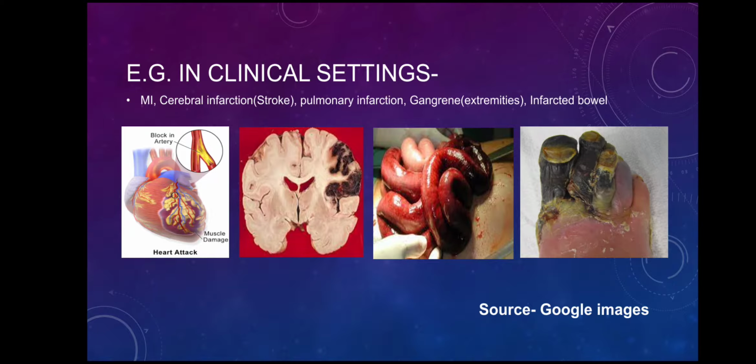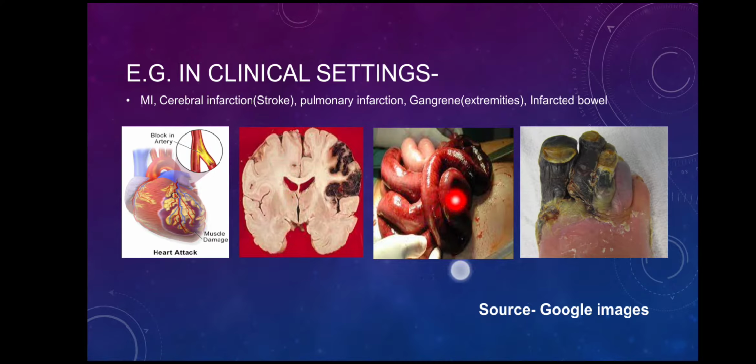The clinical importance of infarction lies in the fact that it can lead to life-threatening conditions in a patient. For example, in myocardial infarction, the coronary artery gets blocked and it leads to infarction of the myocardial tissue. Then stroke, which is caused by infarction in the brain due to occlusion of the cerebral vessels.